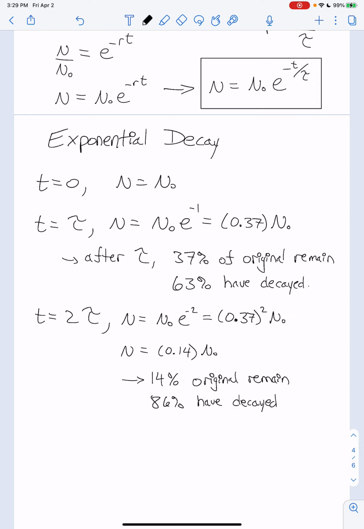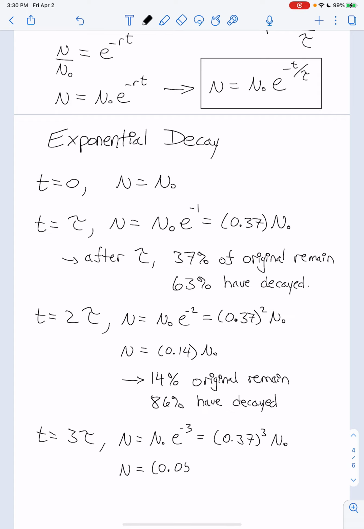And we'll just do one last one to really emphasize this point. If t is equal to 3 tau, then N is equal to N naught e to the negative 3, which is 0.37 cubed N naught. That means that N is equal to 0.05 N naught.